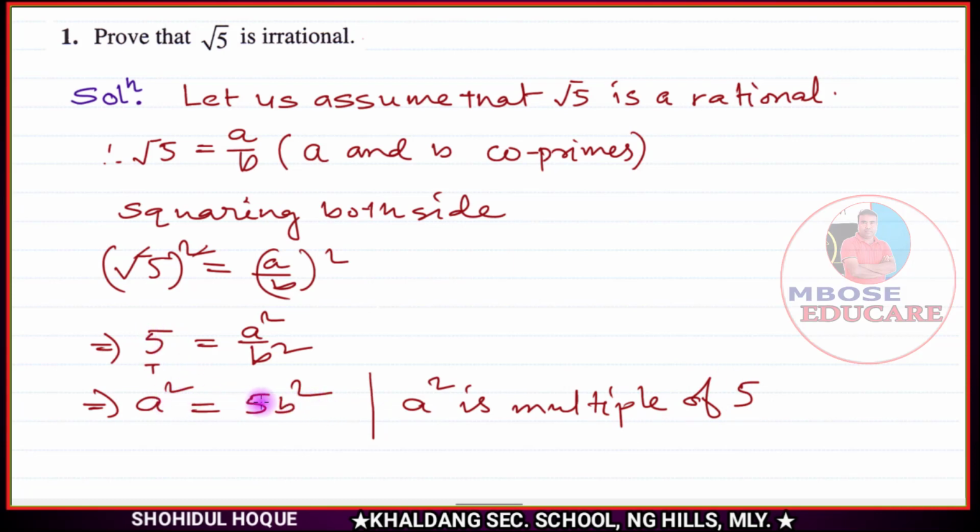Factors and multiples are the reverse terms. When a square is a multiple of 5, then a is also a multiple of 5. So these 2 points we should write.